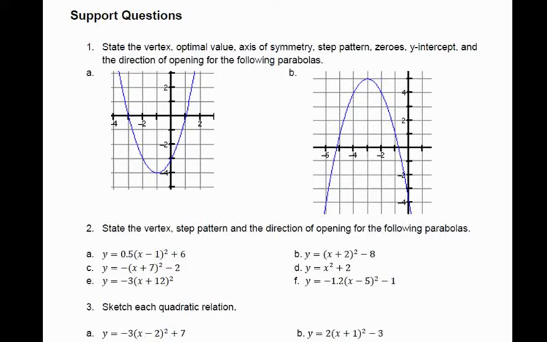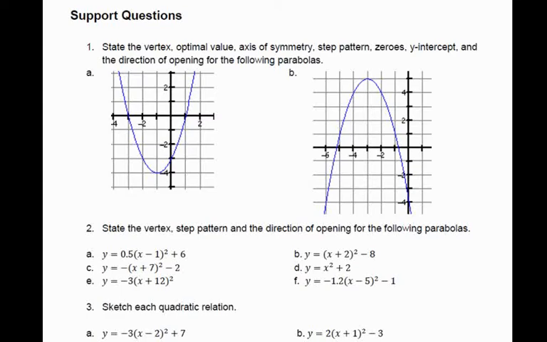So let's see, 2a says to state the vertex, step pattern, and the direction of opening of the following parabolas. For 2a, the a here is 0.5, so that means my step pattern is going to be a, 3a, 5a, so 0.5, 1.5, 2.5, just like that.